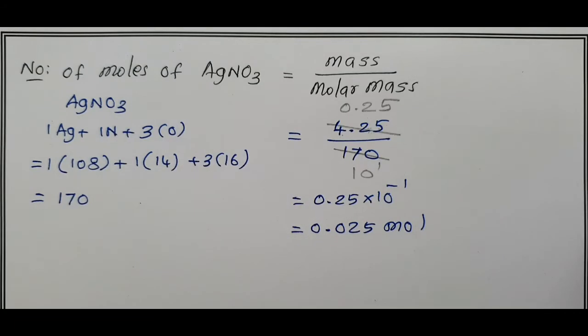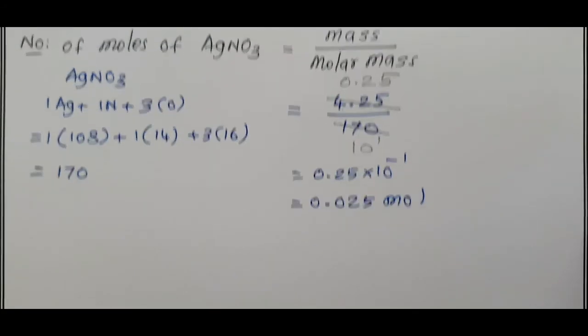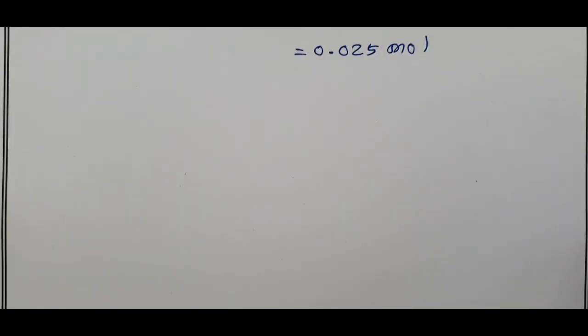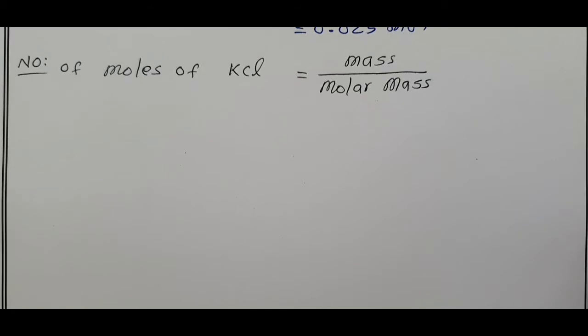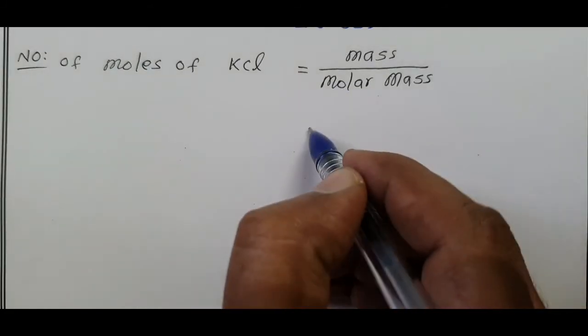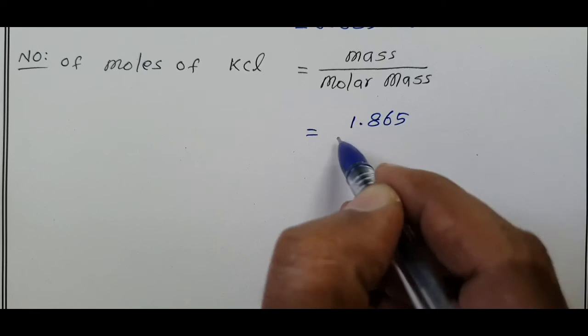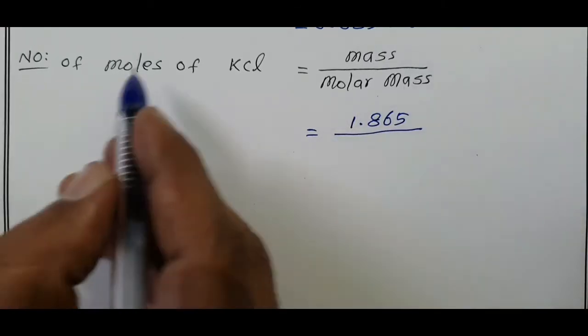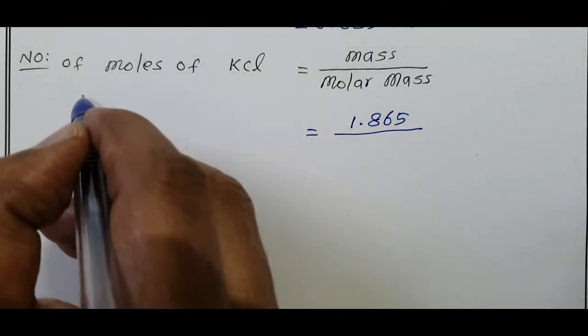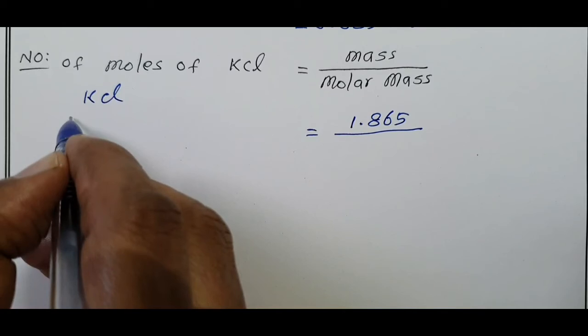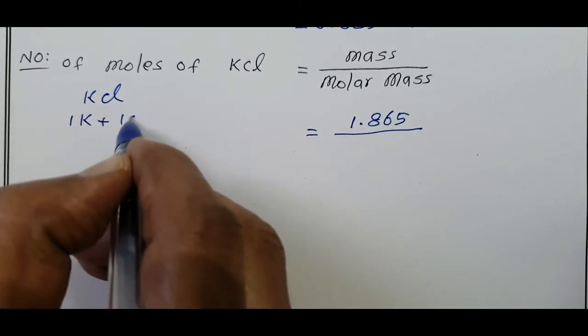Now we are going to calculate the number of moles of potassium chloride. Number of moles of potassium chloride equal to mass by molar mass. Mass we already know, 1.865, that is given in our problem. Molar mass of KCl we have to find out. Potassium chloride molecular formula KCl, it contains 1 potassium and 1 chlorine.